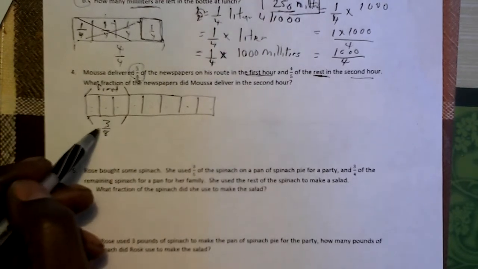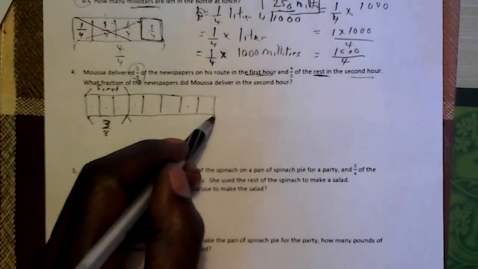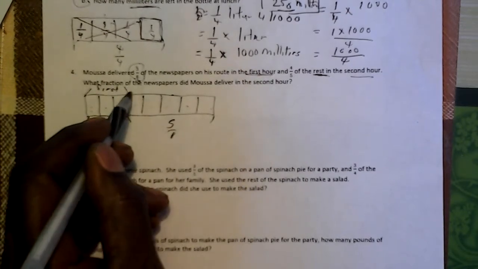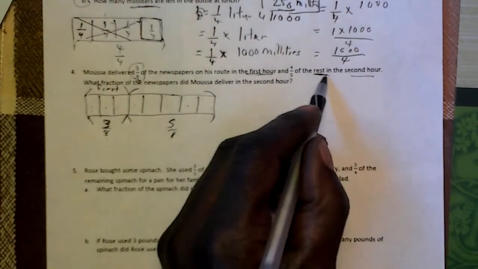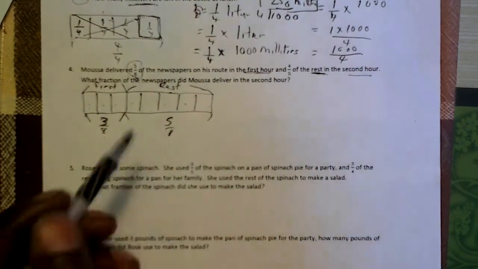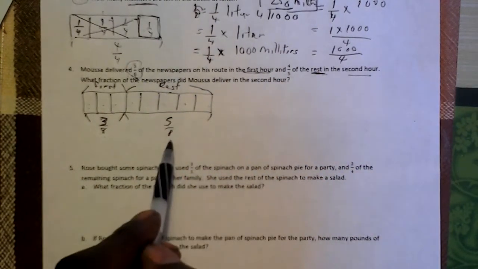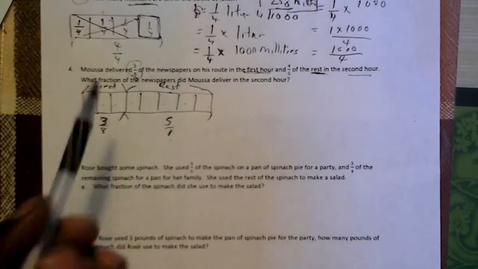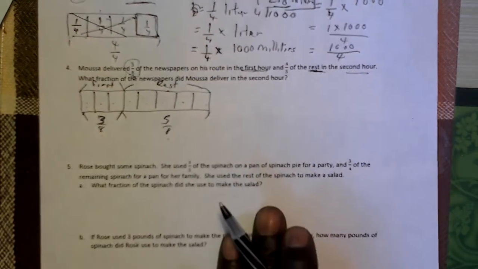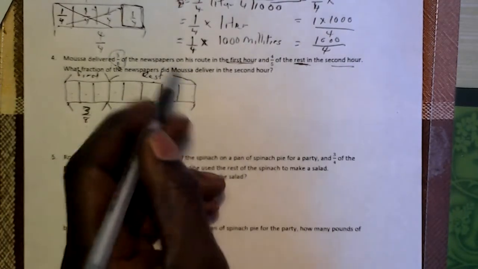Okay? So if you use 3/8 out of 8/8, how much is left? He has 5/8 left. Very good. So 5/8 is the what? The rest. Okay? So we need to find out 4/5 of the rest, and the rest is 5/8. Very good, Tennille. So we just write our multiplication sentence, right?